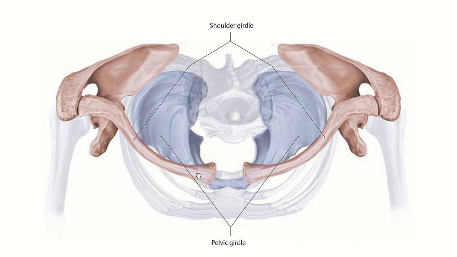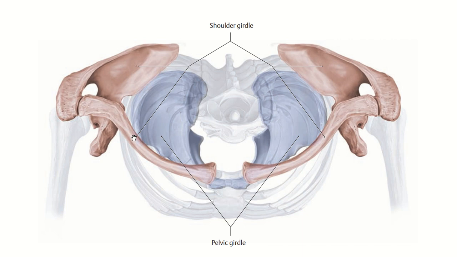So right here, this is your clavicle. You can actually see the medial two-thirds convex forward, concave backward. Lateral one-third concave forward, convex backward. Right.